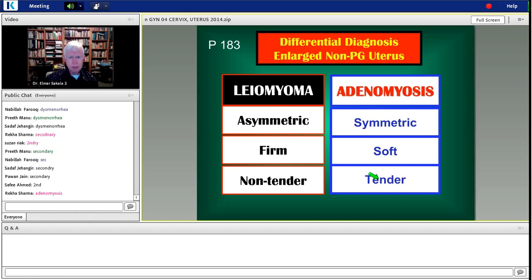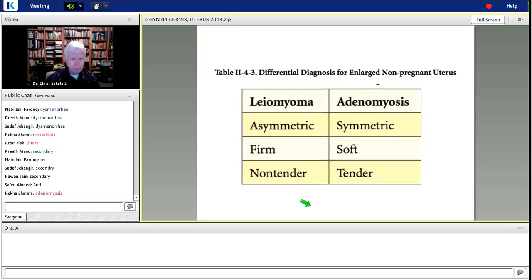Adenomyosis is tender. So this would help you when you're reading the physical exam on the USMLE Step 2. And it would help direct you to one or the other, more toward a leiomyoma or more toward adenomyosis. So this is what we've got on page 183.